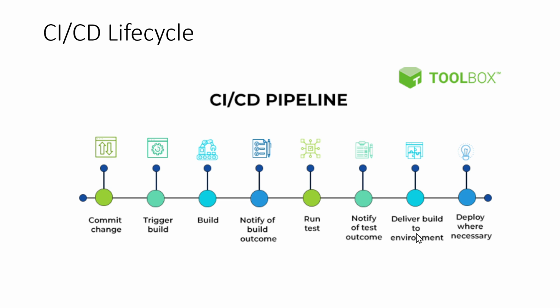Delivering the build to the environment means they test again in the client location where they are going to deploy the application. Once it works well in that environment, immediately after that they deploy wherever necessary, whether it is Docker or Kubernetes as of now. Okay.